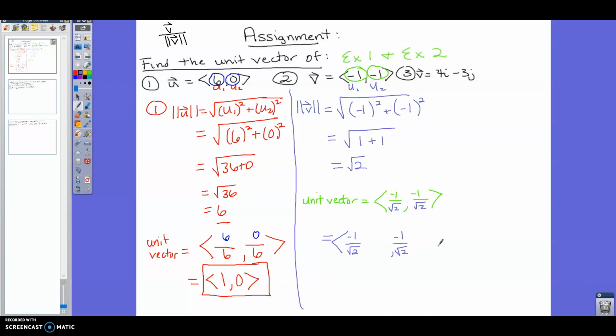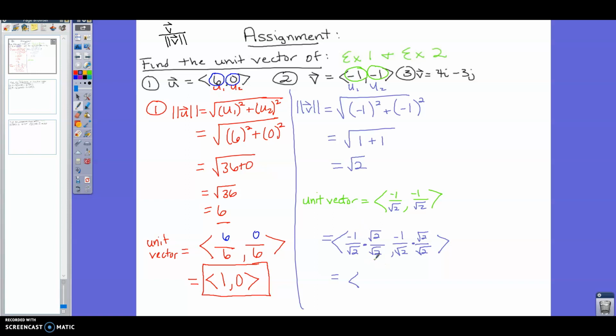So I'm going to leave a little bit of space. We're going to need to multiply by the square root that's in the denominator, in the numerator and in the denominator. And we're going to do that to both components. When we multiply square roots, we multiply the outside by outside, inside by inside.